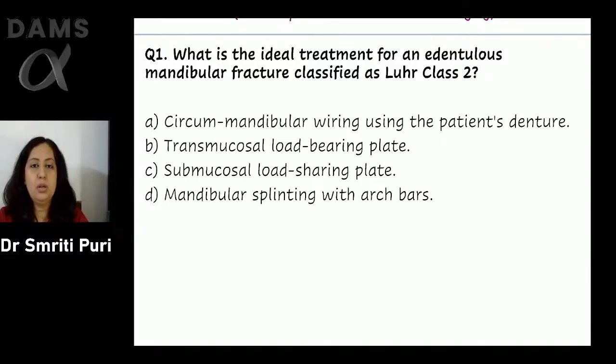Even if you have not heard or read about Lure 2 classification, just try to answer. Try to answer on the basis that it's an edentulous mandible, and an edentulous mandible will most likely be atrophic. So answer according to that.